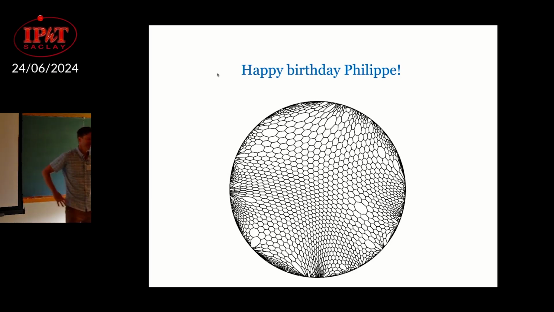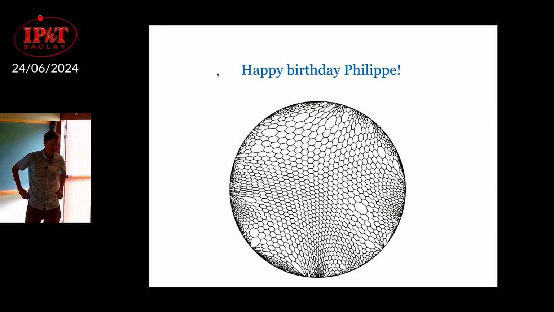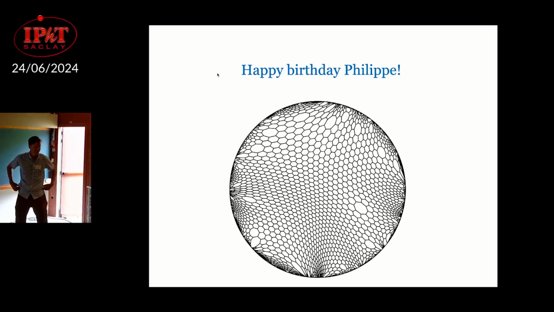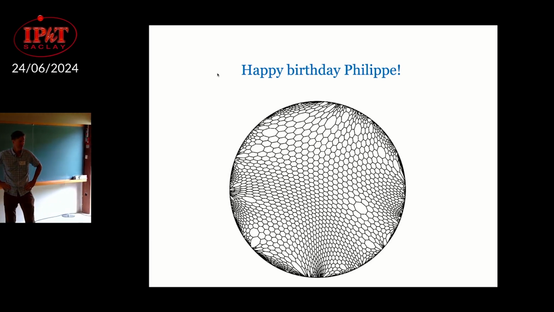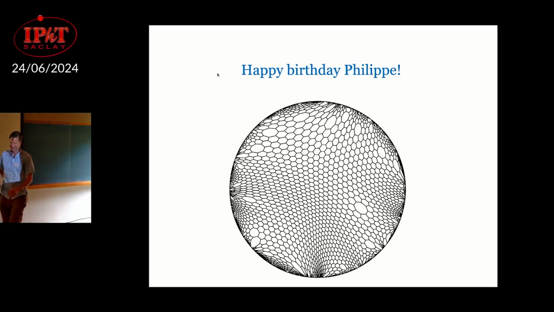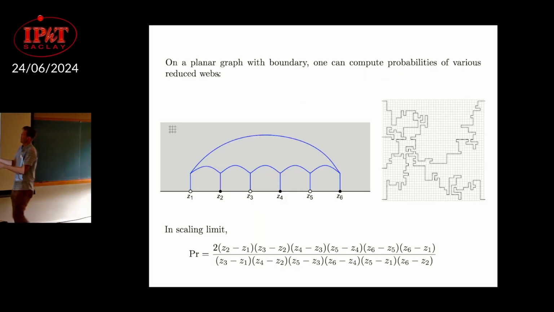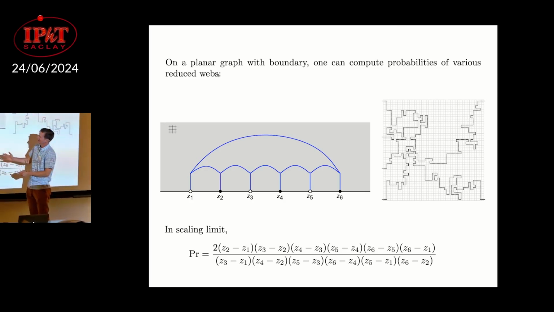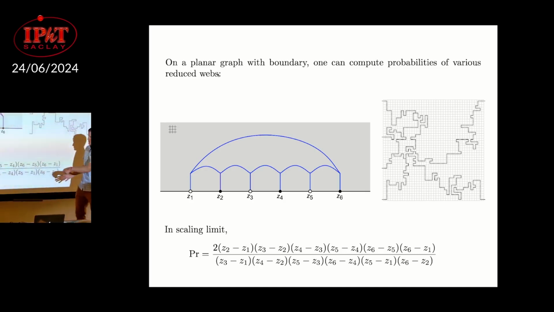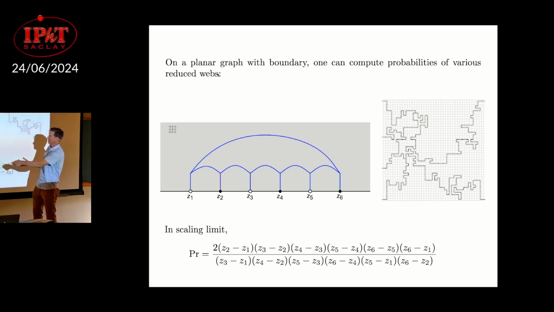Is there any hope of doing a theory of limit shapes of those objects? Yes. The reason this formula is nice and just a product, I mean, factorizes completely.